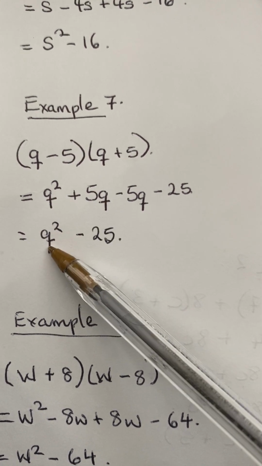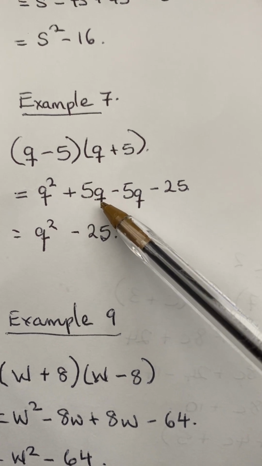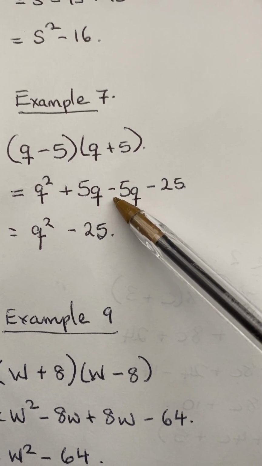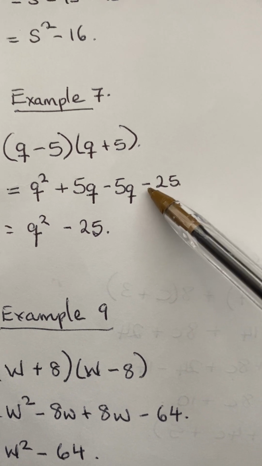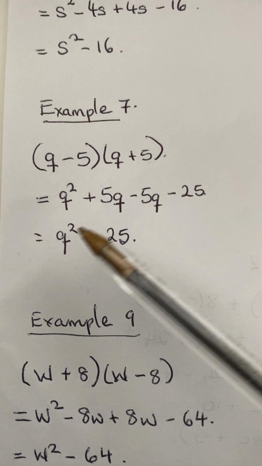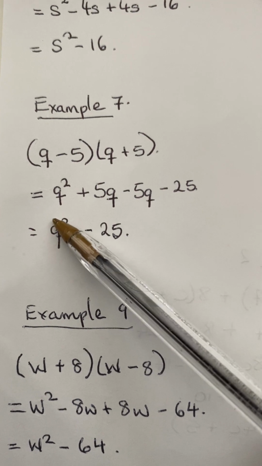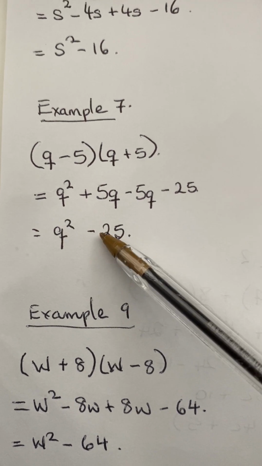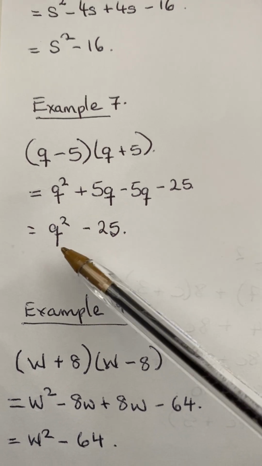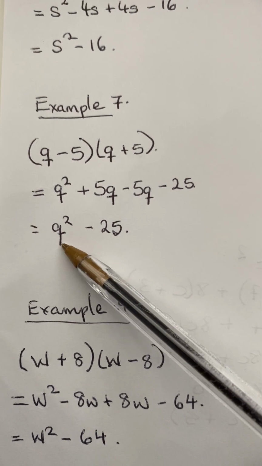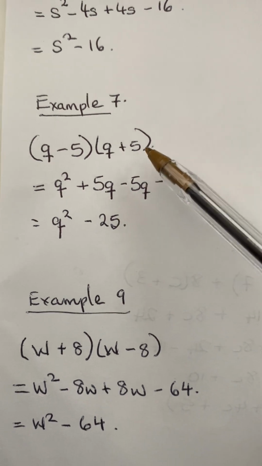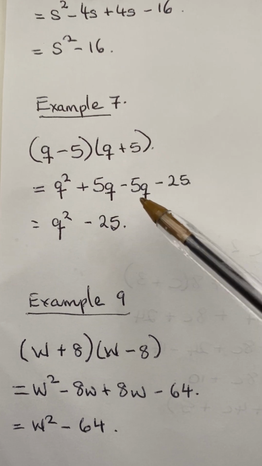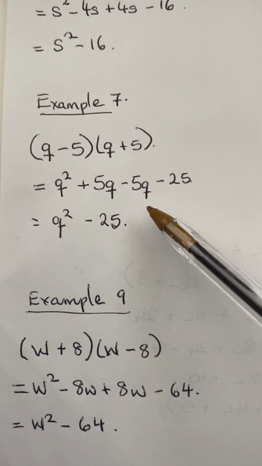Now Q squared plus 5Q minus 5Q is 0, and then minus 25. So here again we have Q squared minus 25. Q times Q is Q squared, 5 times 5 is 25. So at least you are seeing a pattern develop here.